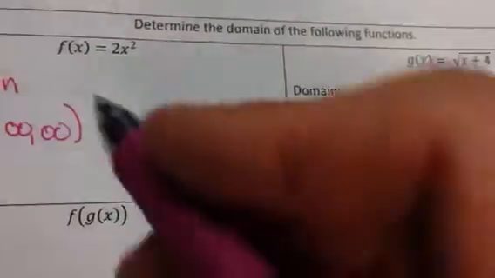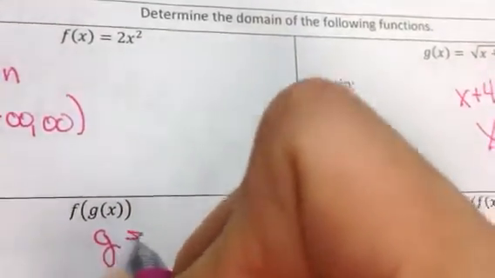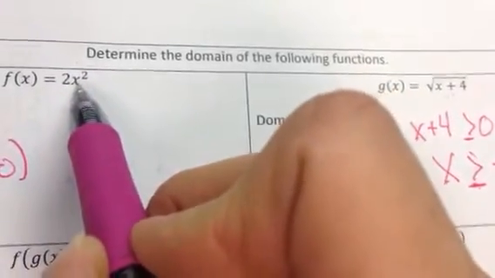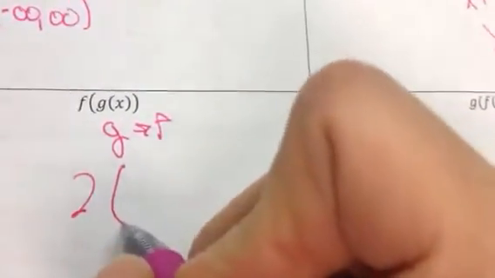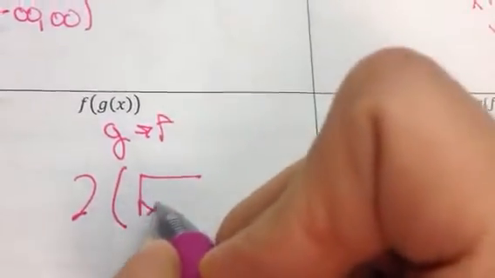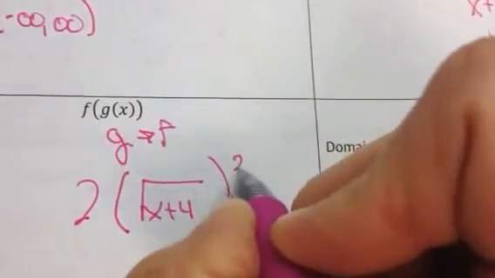So now what happens when I start putting the two together? Right now this says that g is going to go into f, so all of this is going to go into here. The x is going to go away. The 2 and the squared will still be there, but this is going to go in its place. So here's the 2, but instead of the x, it's going to be the square root of x plus 4, and then I still have it squared.